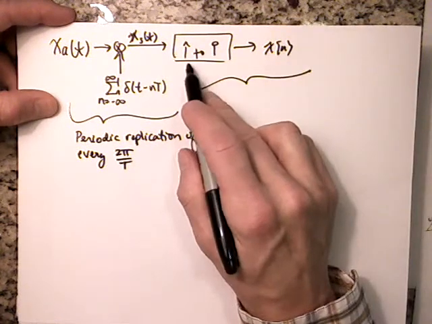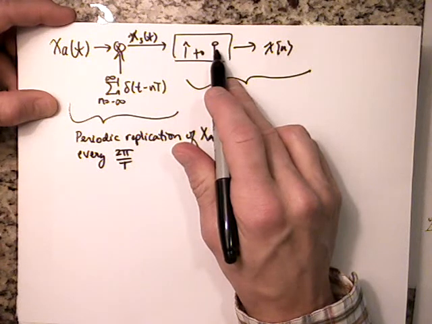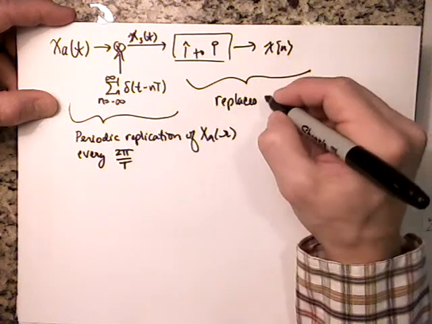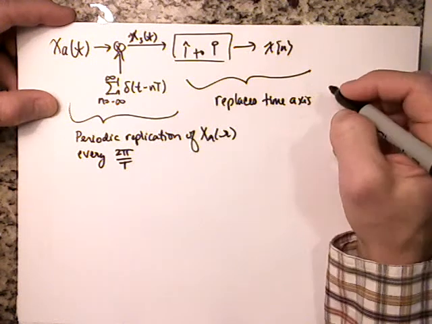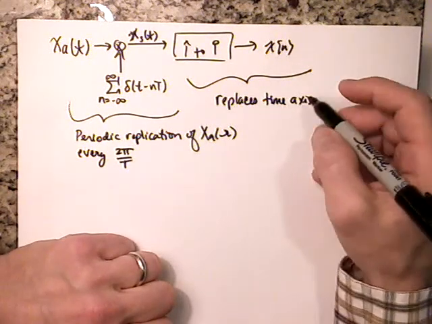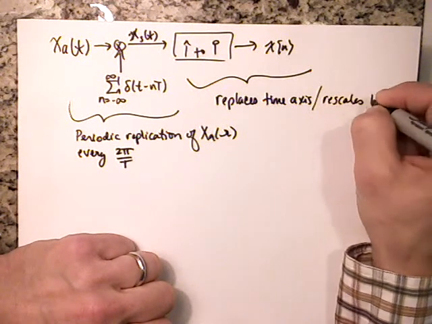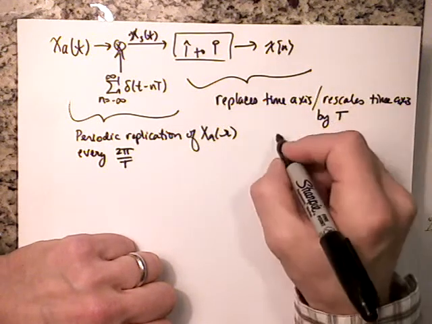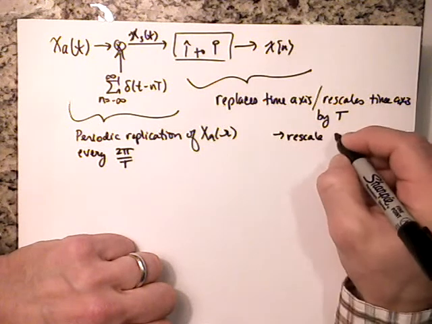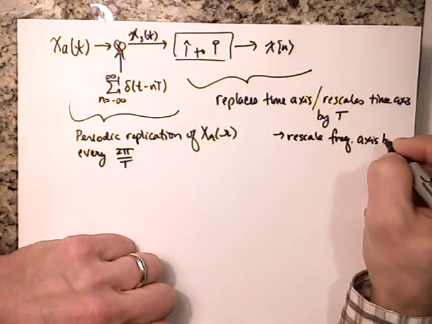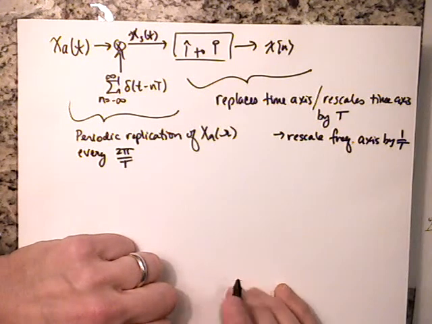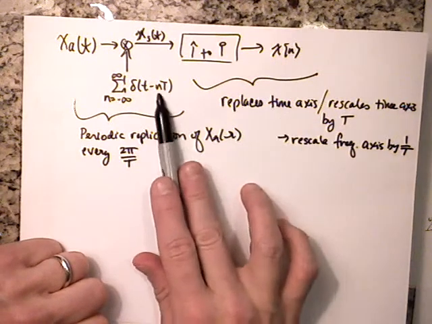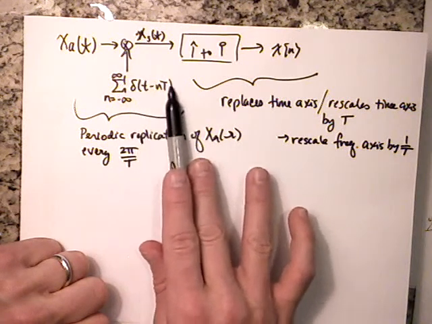And then this process of turning continuous time impulses to samples in discrete time replaces the time axis, or let's say it rescales the time axis, by capital T. So therefore, it must also rescale the frequency axis by 1 over T. And that's what gives us the periodic spectrum rescaled by 1 over T. The scaling in amplitude by 1 over T that we get comes from the area of the impulse train.